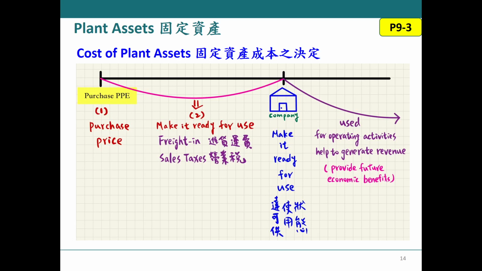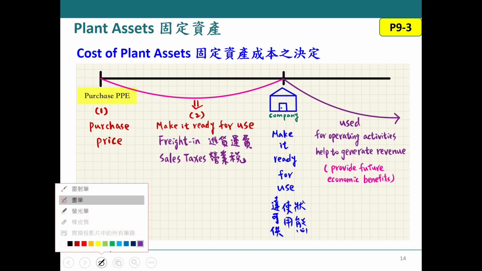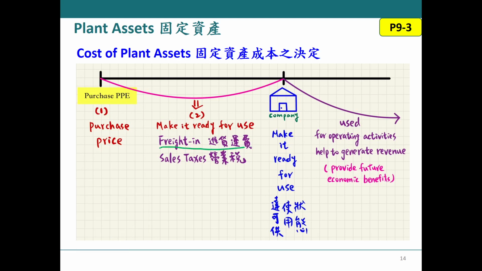After that, make it ready for use. You make it work at your company. So that's 1 plus 2. Freight-in means delivery fee, 运费, paid by whom?